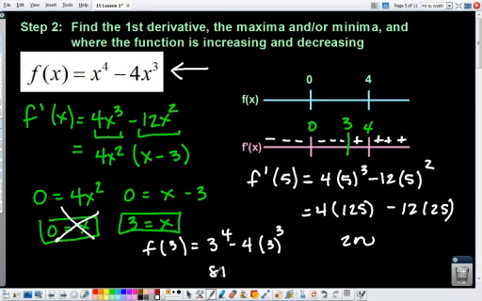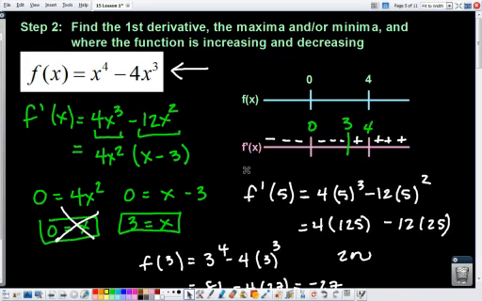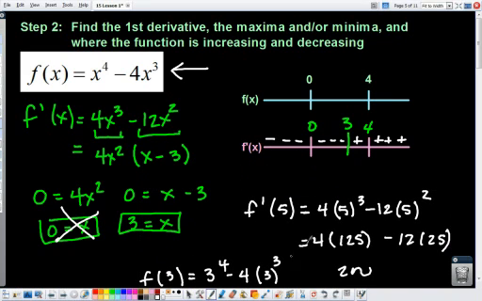So we have 81 minus 4 times 27, and that equals 81 minus 108, negative 27. Running out of room, so I'm just going to write across here. So the coordinate of our minimum is 3, negative 27.